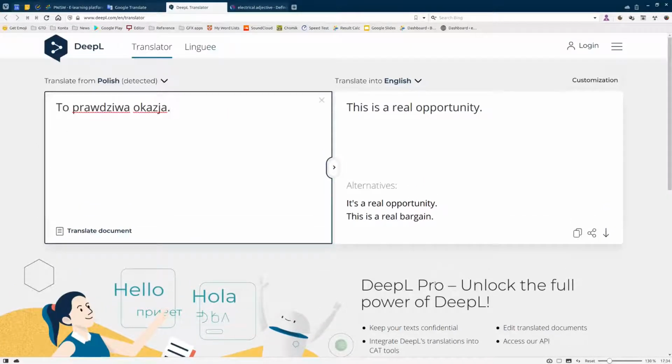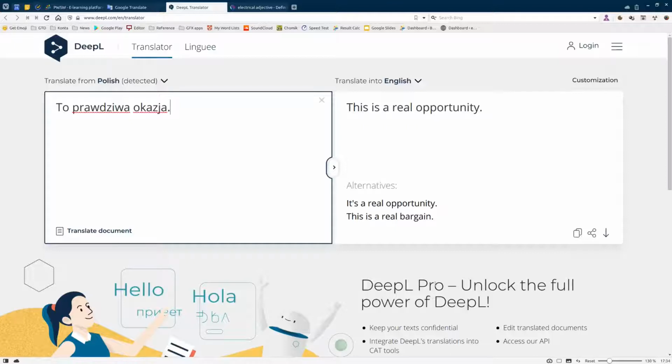Okay, well, it's not that obvious because, of course, depending on the context, this sentence could refer to a product that is at a very good price, for example. And that's what probably comes to mind when you look at the sentence, right? If you say prawdziwa okazja, that's what you mean.